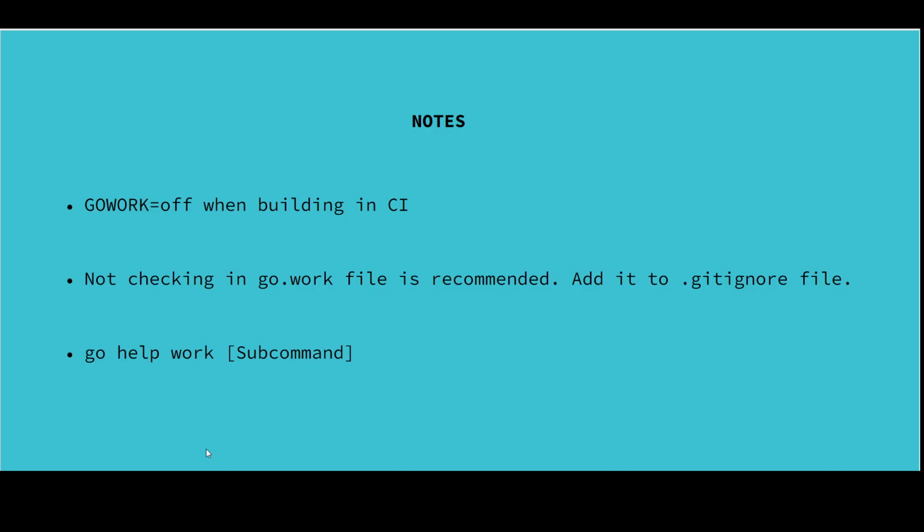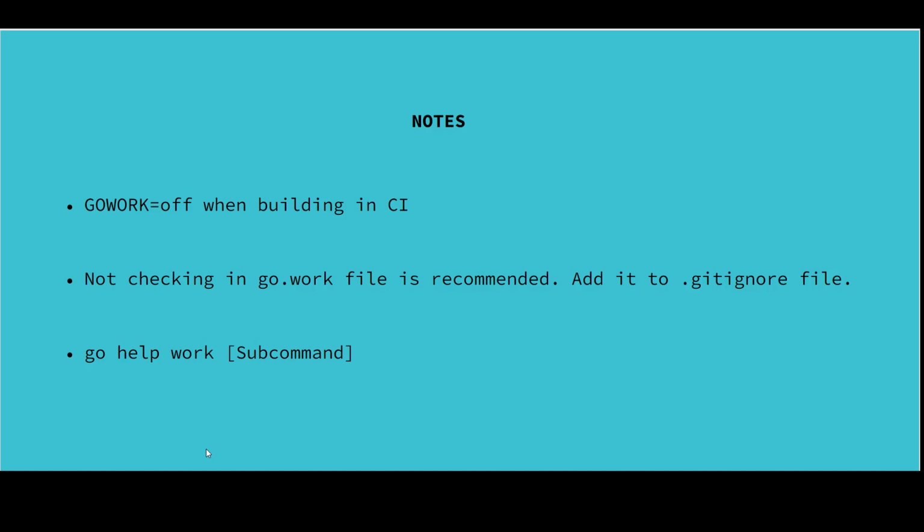It will give you all the subcommands available to the go work command. And then if you want to look at a subcommand, for example edit, I can do go help work edit and it will give me help on that edit subcommand.